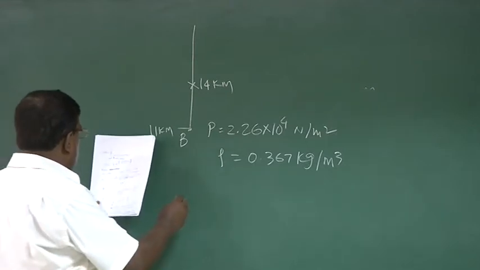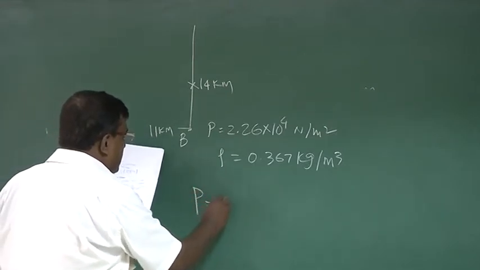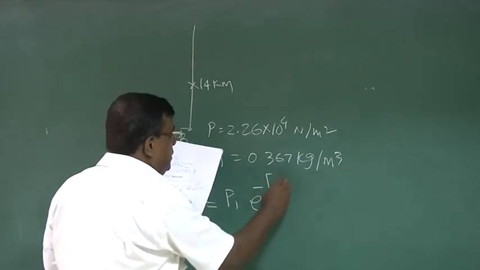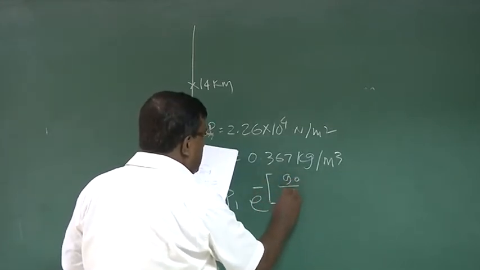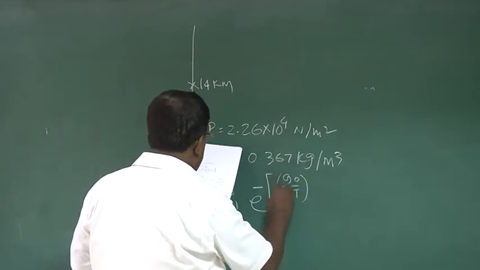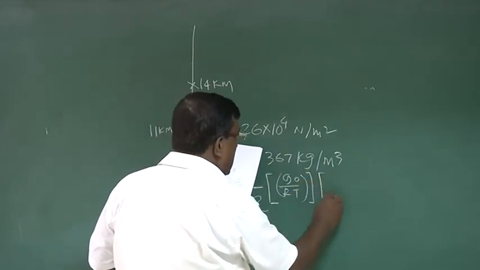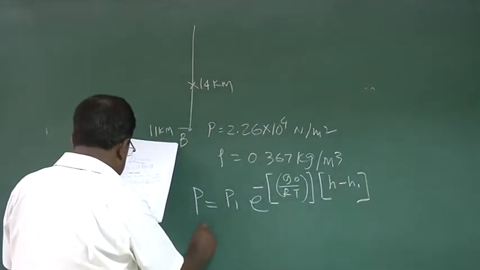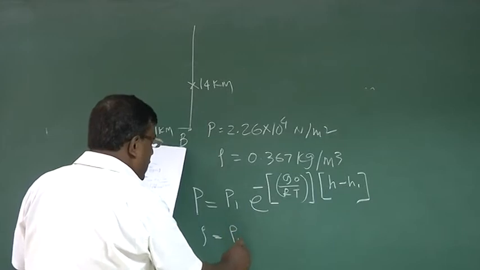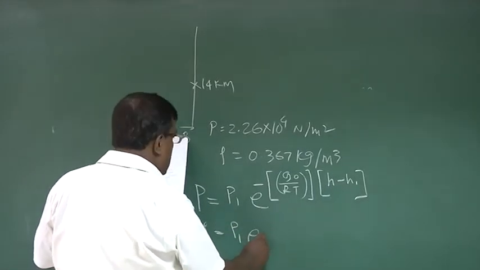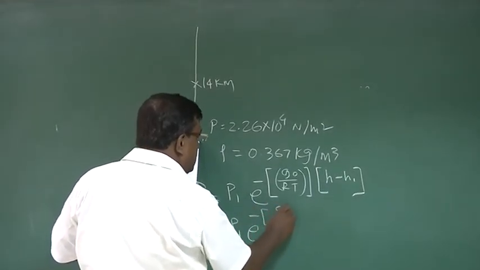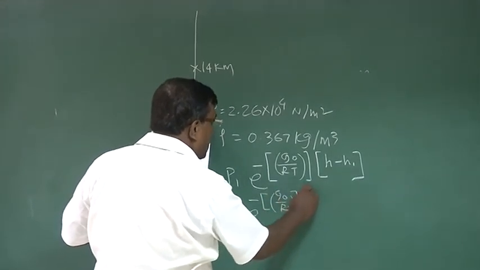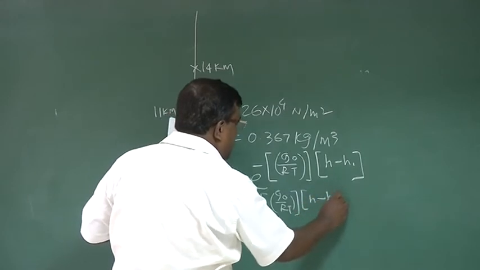If you check your notes, you will find P was given as P1 e to the power G0 by RT into H minus H1. Similarly, rho was given as rho1 e to the power, same expression, G0 by RT into H minus H1.